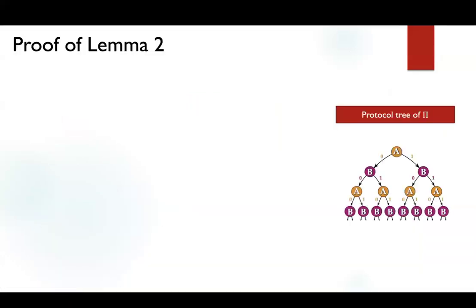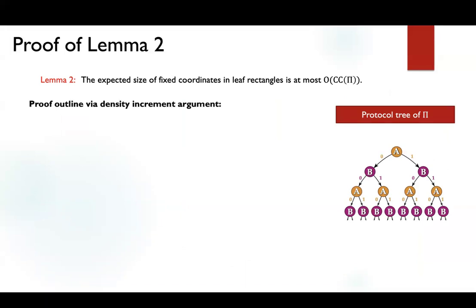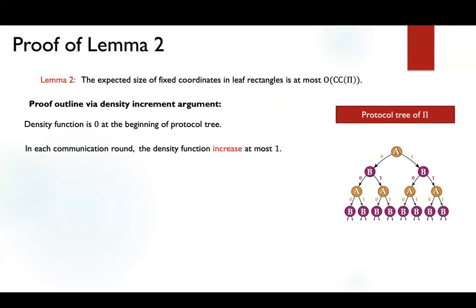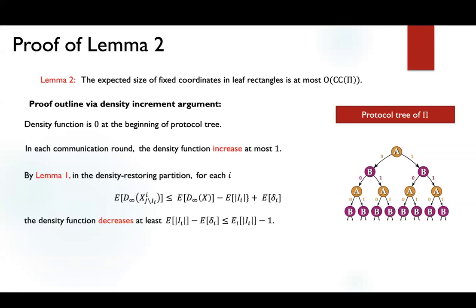So for the proof of number 2, we use the density increment argument. At the beginning, the density function is 0 at the root of the protocol tree. And in each communication round, the density size decreases, so the density function increases by at most 1.